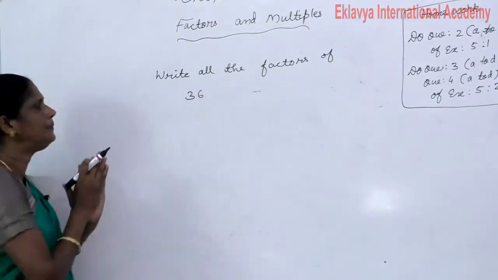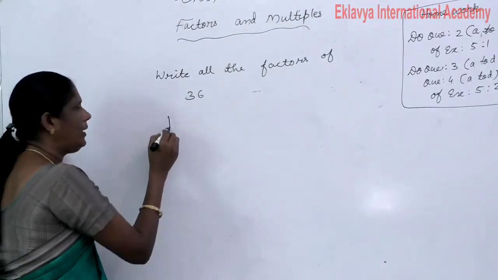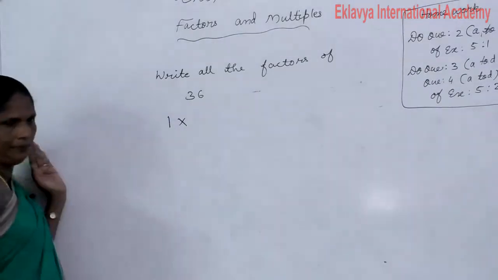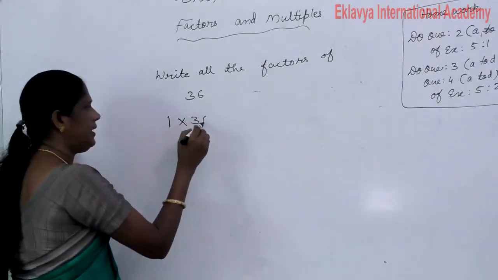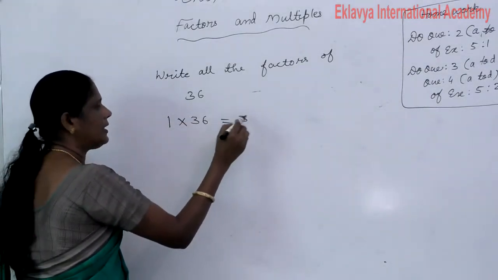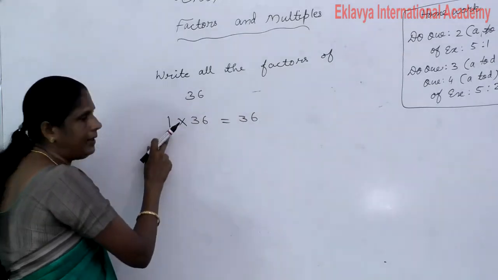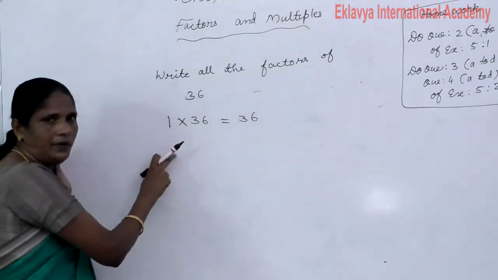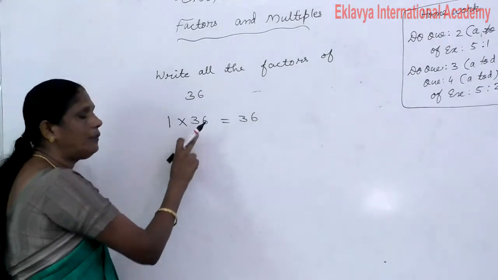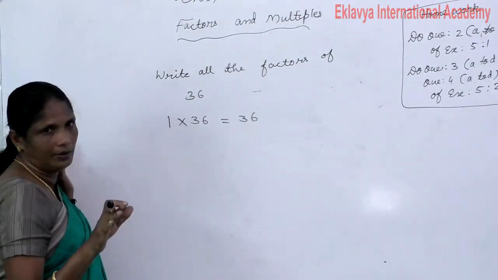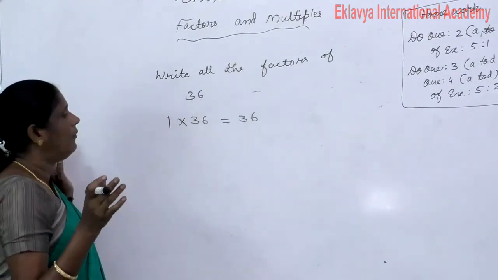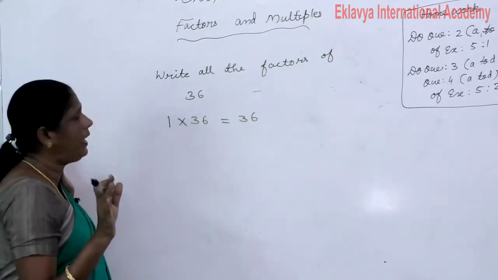First here, 1 multiplied by 36 is equal to 36. 1 and the number itself are factors of every number.